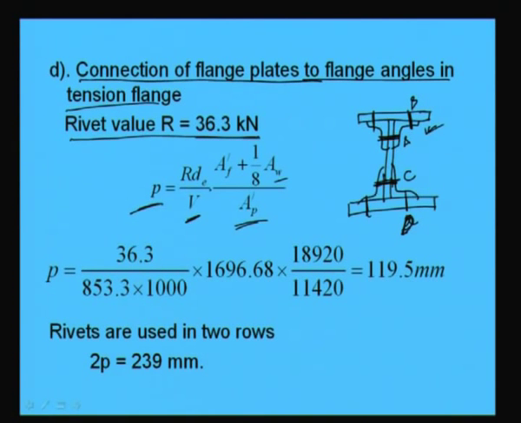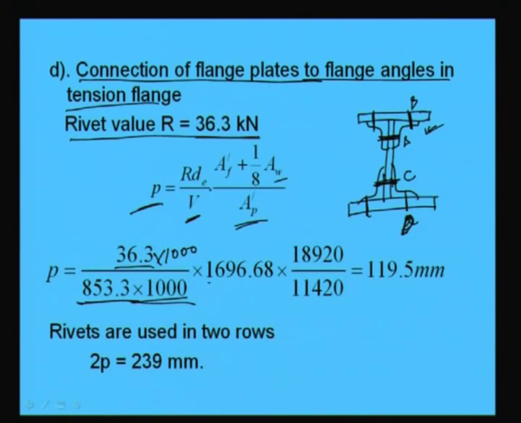Now, if we put those values, R is 36.3 kilonewton, right. So, that has to be made Newton actually, right, and V is this one 853.3 kilonewton. So, this also we are making in Newton.